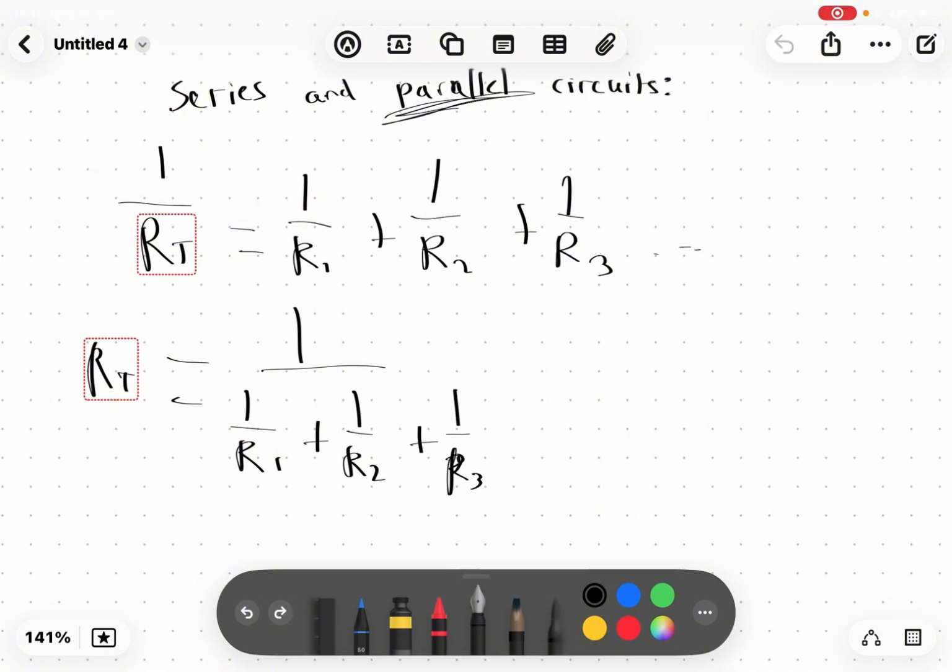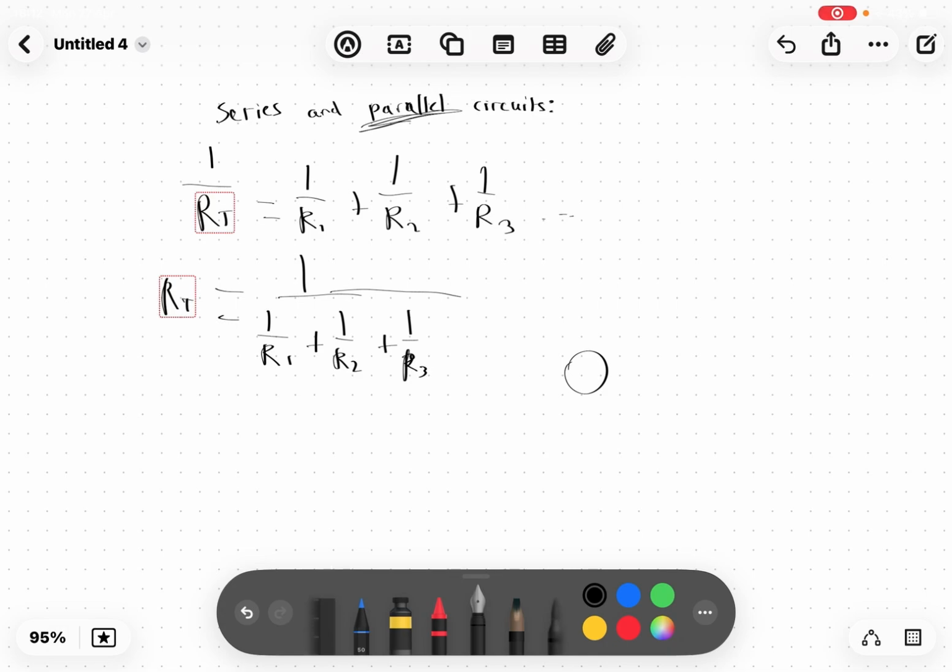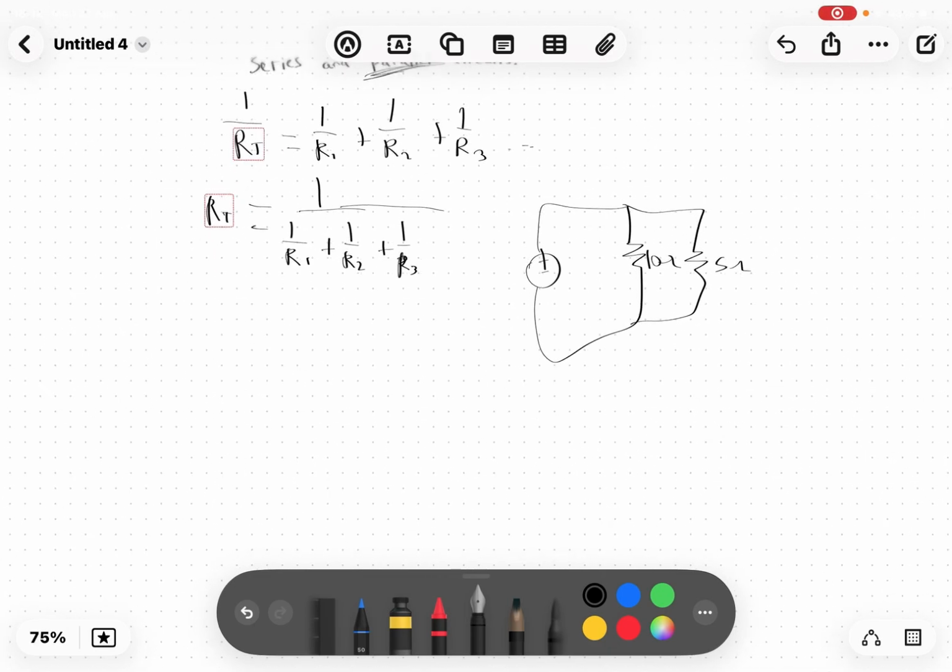So let's say the circuit has only 2 branches, 10 and 5 ohms. So we can just do 1 over the sum of 1 over 10 plus 1 over 5.